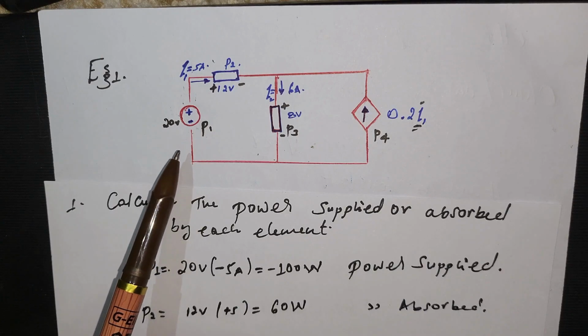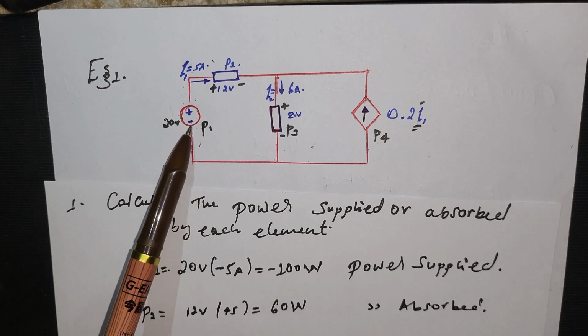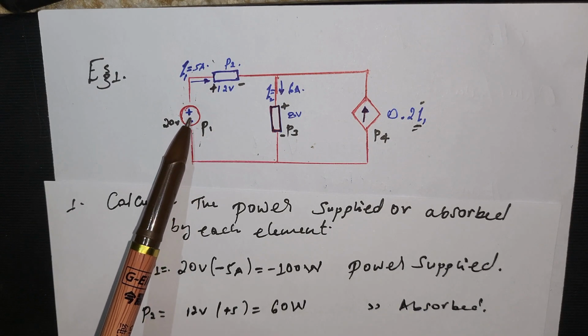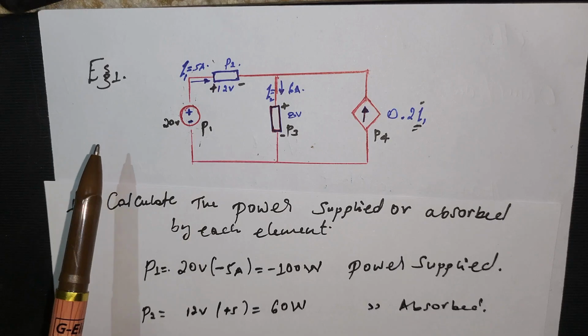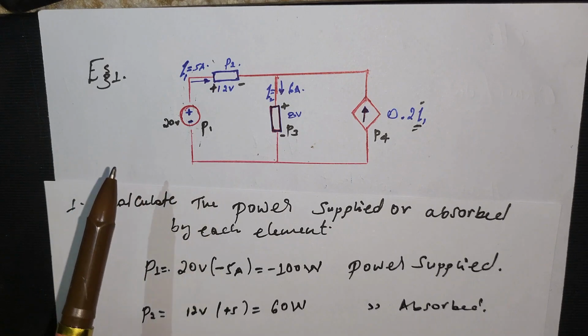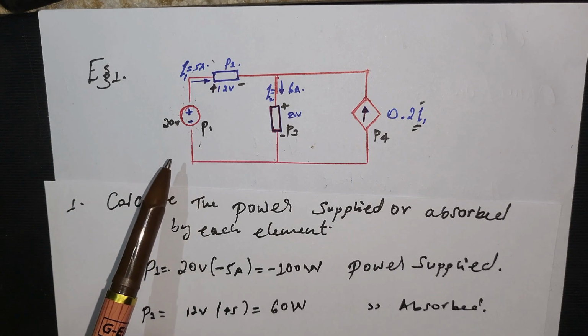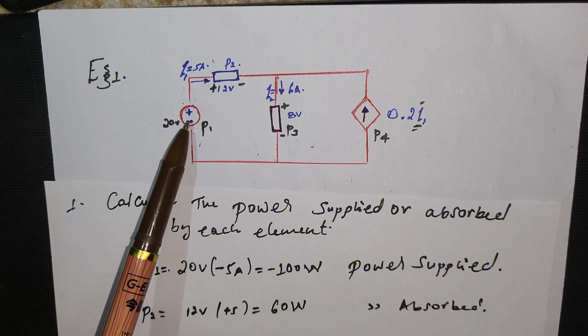But when the current enters into the negative terminal, the power will be dissipated, or supplied. The power will be negative.